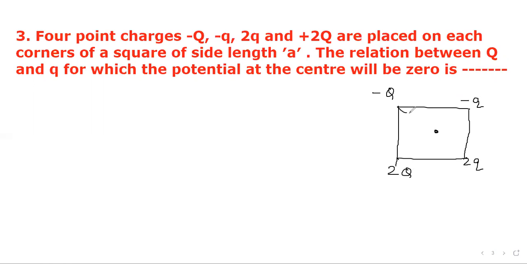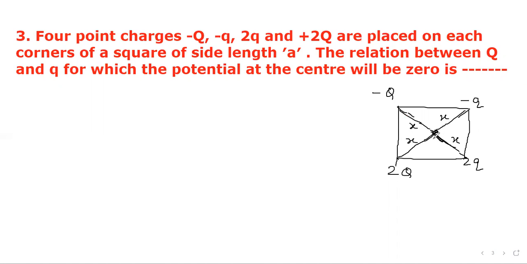Center will be equidistant from each corner. So we assume it to be x, although it will be A upon root 2, but let's take it x, x, x.